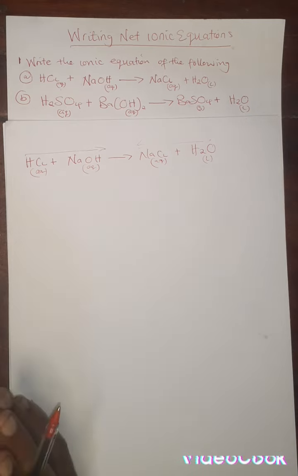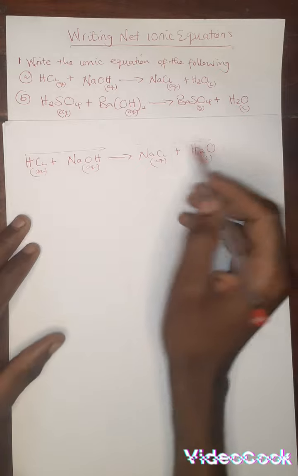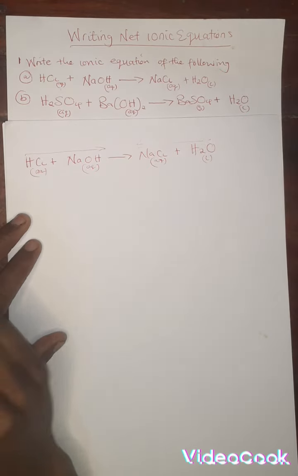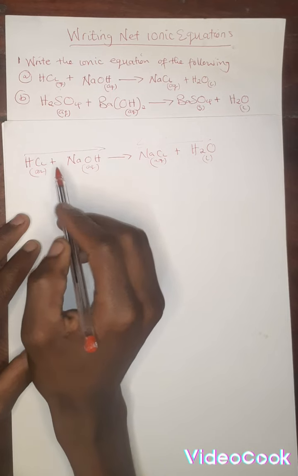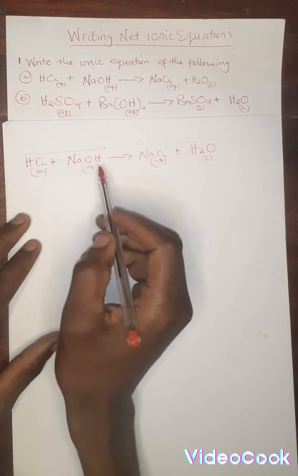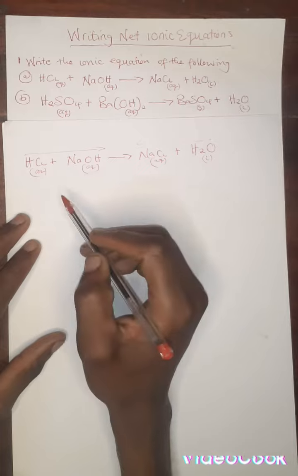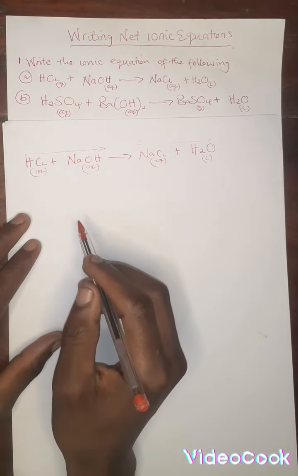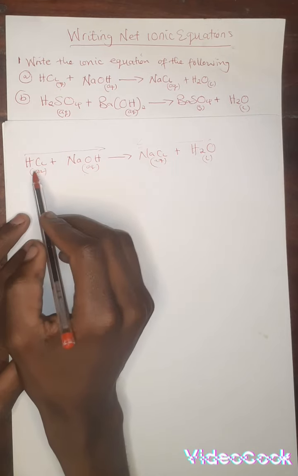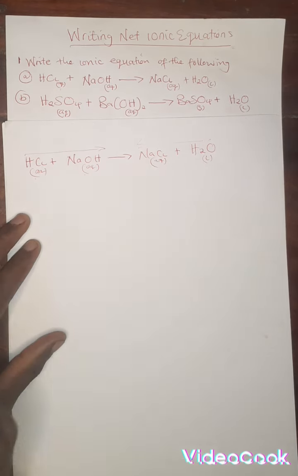When you have balanced the chemical equation, you need to write the ionic equation. How do we write the ionic equation? The ionic equation is written by splitting the atoms for molecules or substances which are in aqueous state. You need to split the atoms or radicals which may be present from the substances which are in aqueous state.